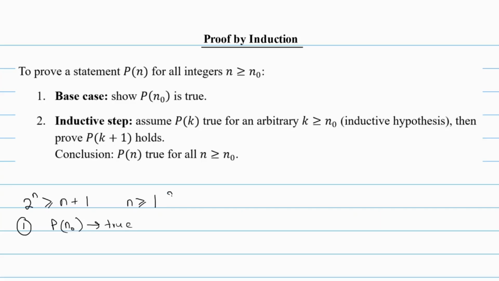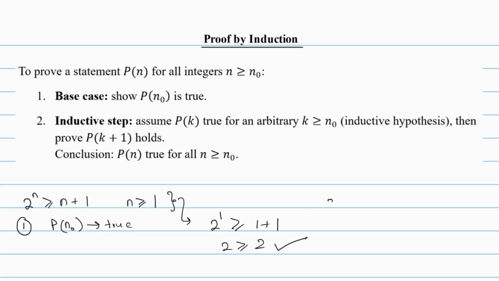If we take this example, we need to prove that 2 to the power 1 is greater than or equal to 1 plus 1. That is 2 greater than or equal to 2. So this is true, and therefore that is the first step, and we have proven that the base case is true. Then we have to assume.